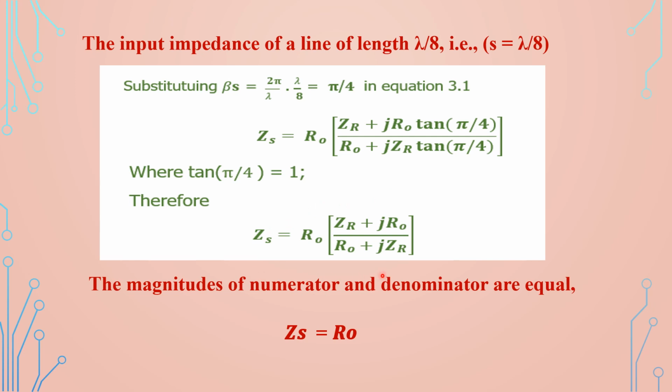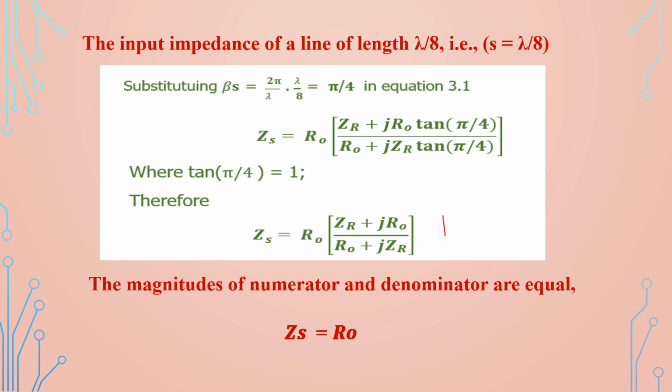Now when I take the magnitudes of numerator and denominator, both are going to be equal and they cancel each other. You all know what is meant by magnitude.